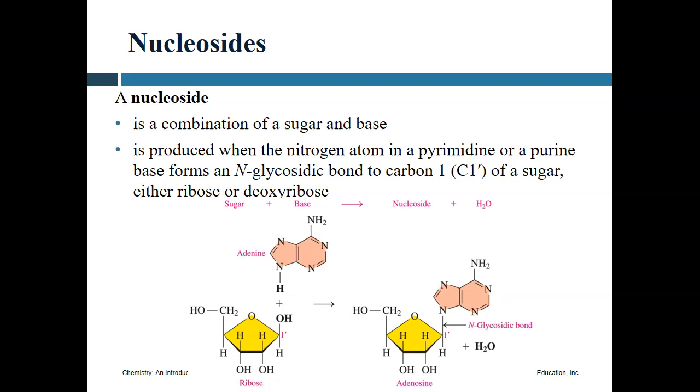So that's a nucleoside. And we want to be real careful about our names here, because a nucleoside sounds a lot like a nucleotide, and nucleotide is basically this, and now we add the phosphate group.